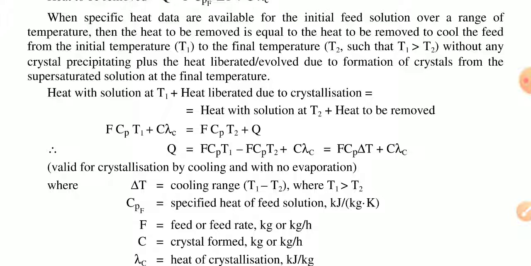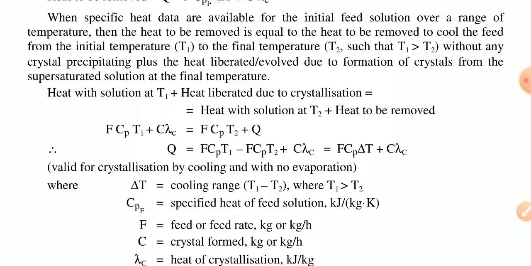plus the heat liberated due to the formation of the crystals from the supersaturated solution. The heat with the solution at T1 and the heat liberated due to crystallization is equal to the heat with the solution at T2 and the heat to be removed.